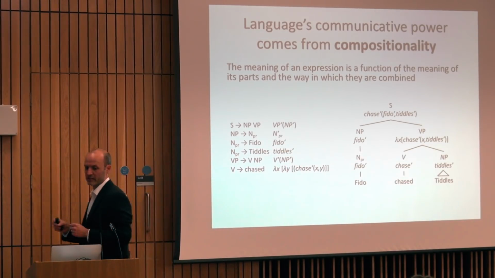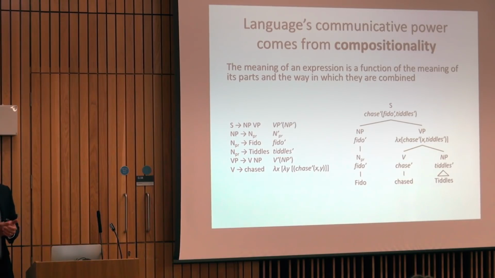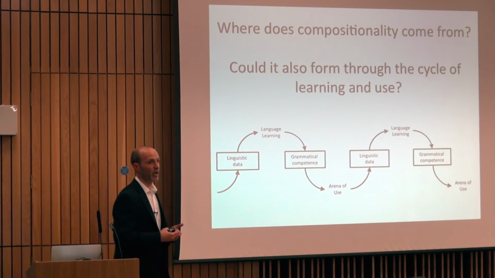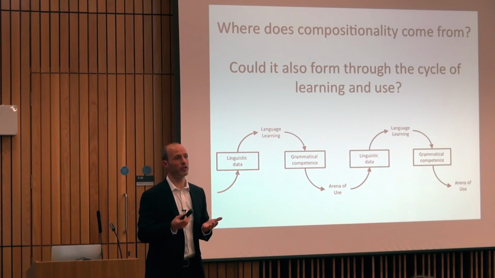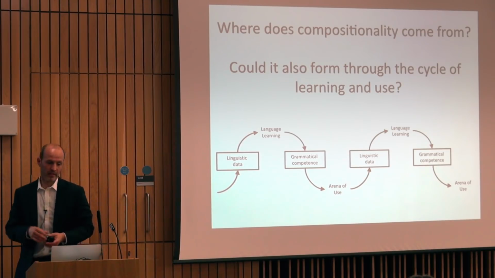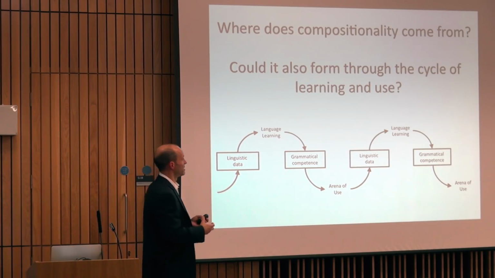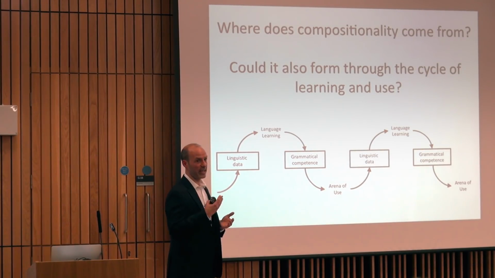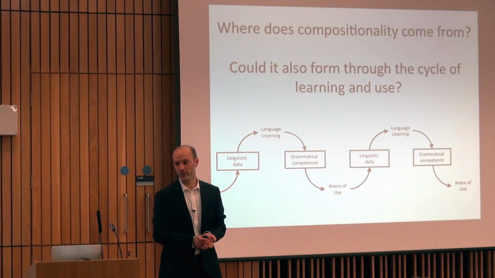Okay, so the open-ended expressive power of human languages comes from the fact that they're compositional, and we therefore want to understand how compositional languages evolved. So how did humans end up with a compositionally structured linguistic system? And again, the hypothesis we're going to test is that this kind of regularity, compositional structure in the mapping between meanings and forms, emerges again through this cycle of learning and use.